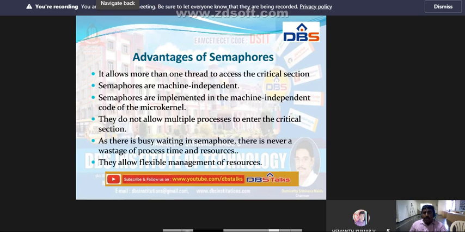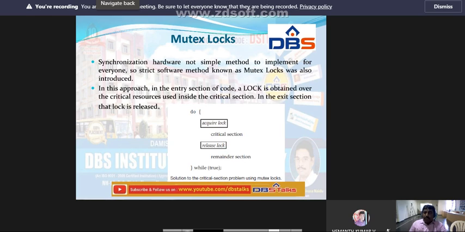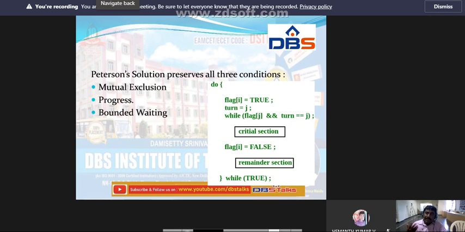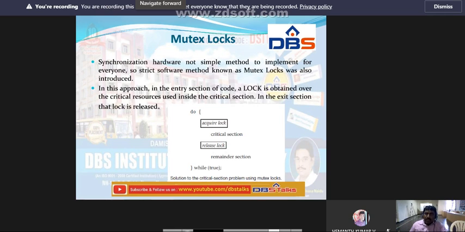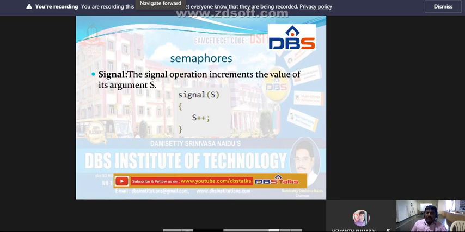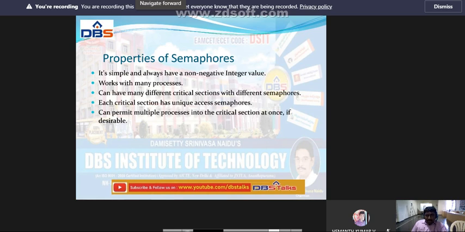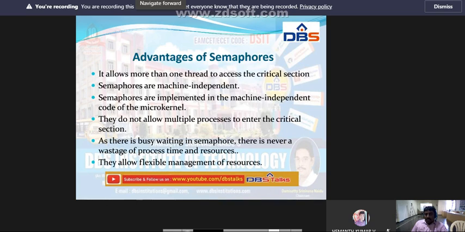So in this second chapter we have studied what process synchronization is and how it works, what a critical section is, and what the four essential elements of a critical section are. Next, what is the Peterson solution, what is synchronization of hardware, what is a mutex lock, what is a semaphore, what are the two atomic operations of semaphore, the various properties of semaphore, the types of semaphores, and the advantages.